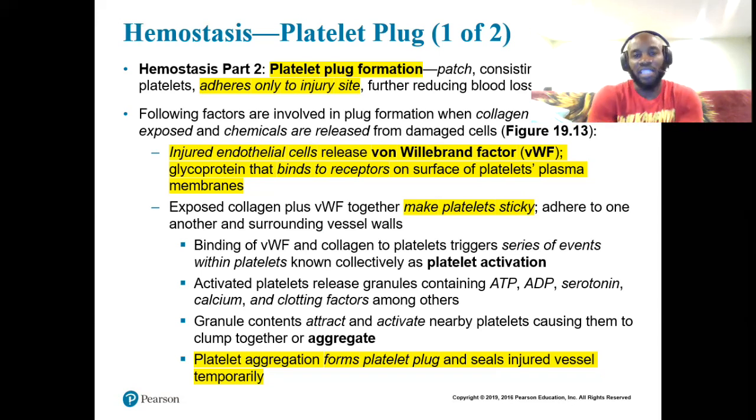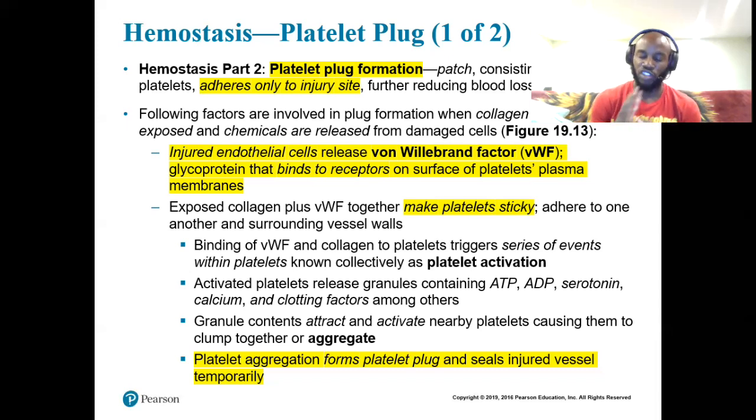Then we have platelets, which are our formed element, which we just talked about. These are the factors involved, and you'll see this von Willebrand factor, which is a glycoprotein that binds to receptors on surfaces of platelets, plasma membranes. These are released by the injured endothelial cells.